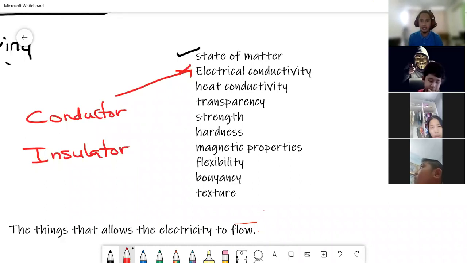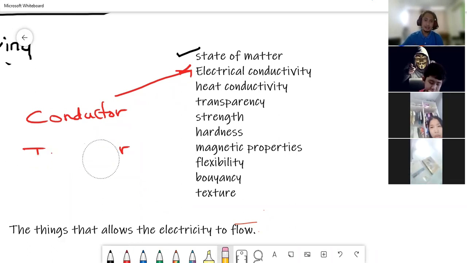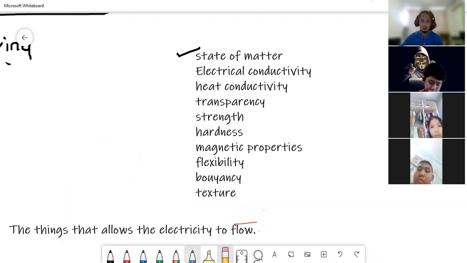Okay, so we already know the state of the matter, heat and electrical conductivity. Now, next one. It is almost the same as this one.